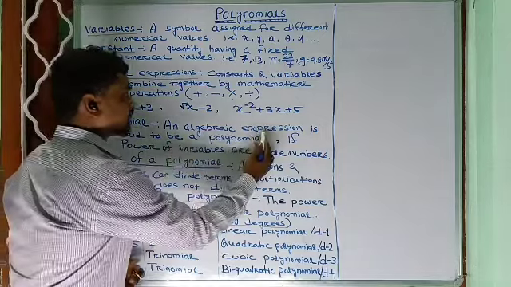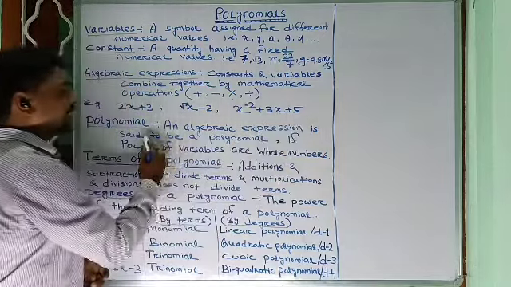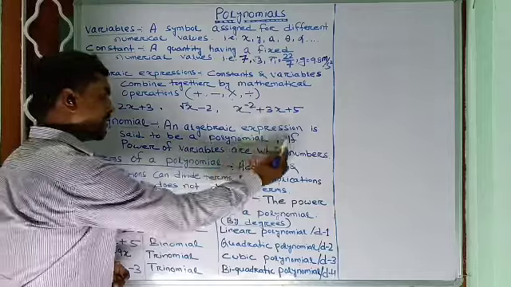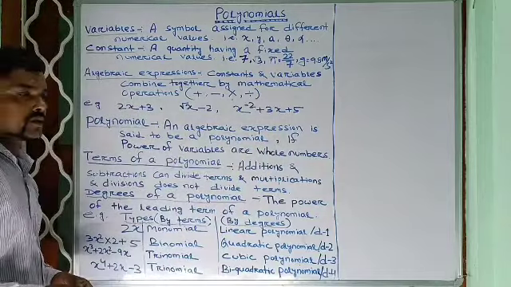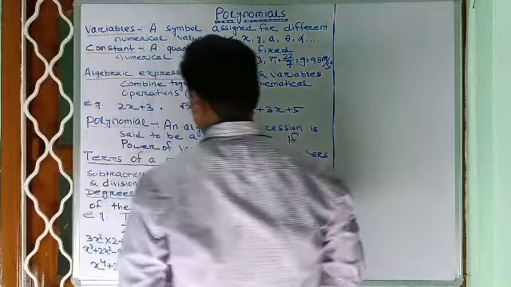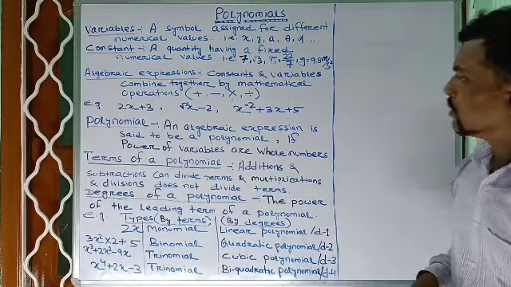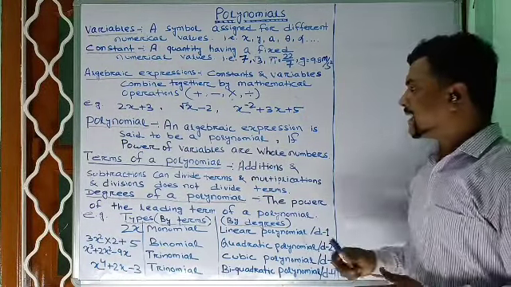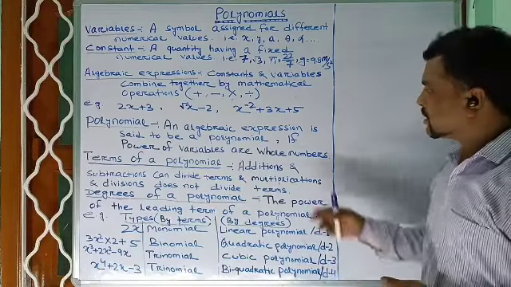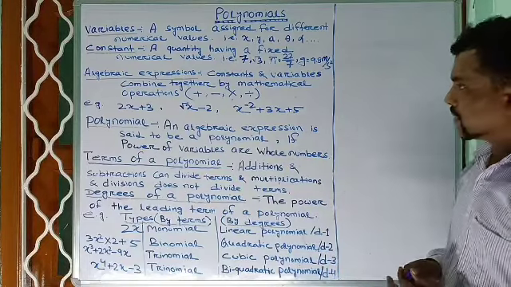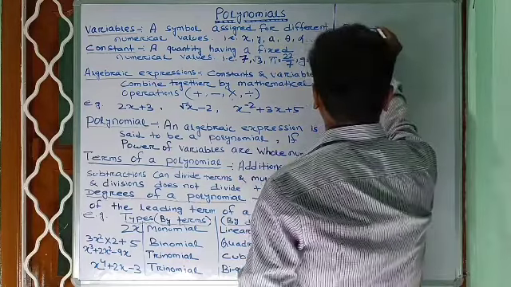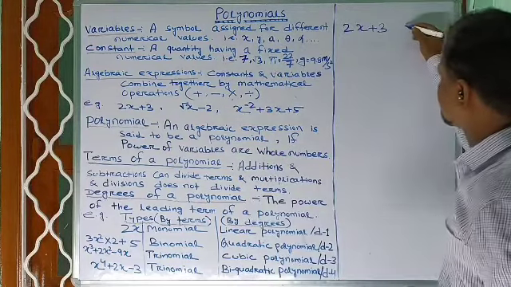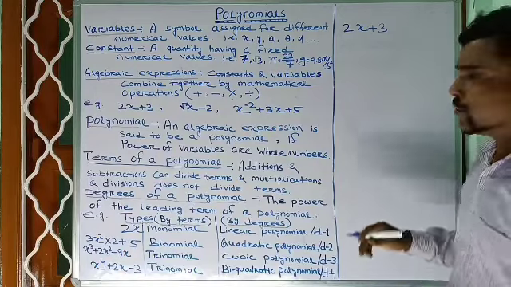An algebraic expression is said to be a polynomial if the powers of the variables are whole numbers. In some books, it is given that the powers of the variables are non-negative integers. Non-negative integers means whole numbers. Okay. So if I take 2x plus 3, it is an algebraic expression. It is also a polynomial.